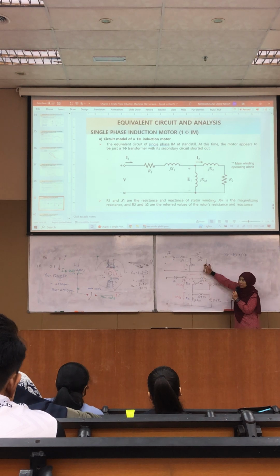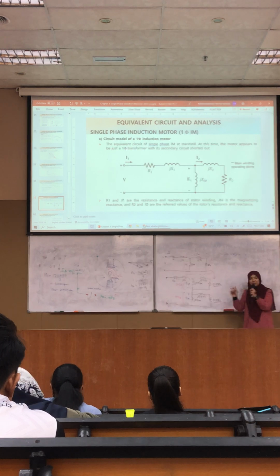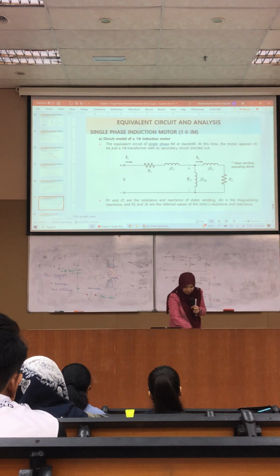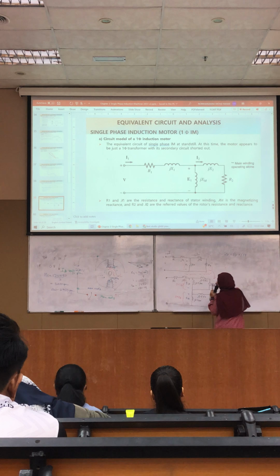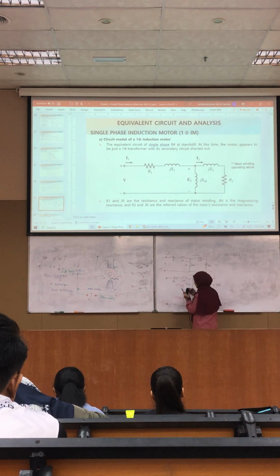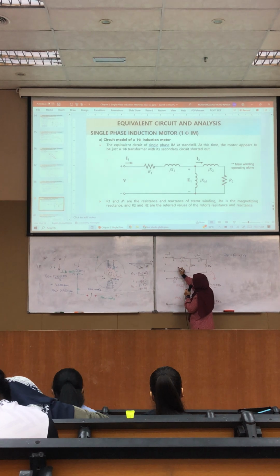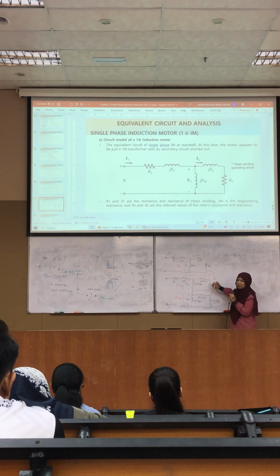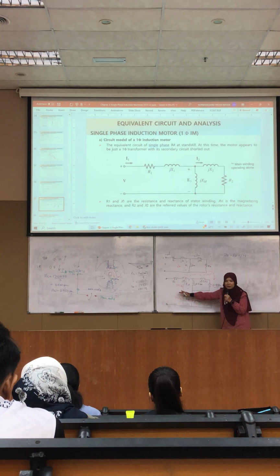The value will be the same, but it will have a different slip ratio. If you remember, we have our ZF. This red part is your ZF, right? ZF also has. Dua-dua ni sama. This is two same circuits, but with different ratio value.